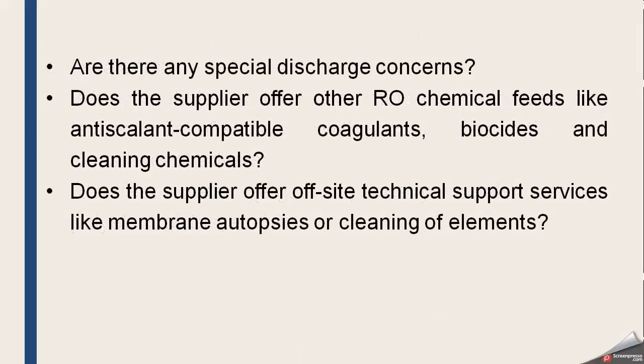Are there any special discharge concerns, that is, whether they are environment friendly or they will not create any problem in the concentrate disposal? Does the supplier offer other RO chemical feeds like compatible antiscalant, coagulant, biocide, etc.? Does the supplier offer off-site technical support services like membrane autopsies or cleaning of elements if we require that during the operation of our system?